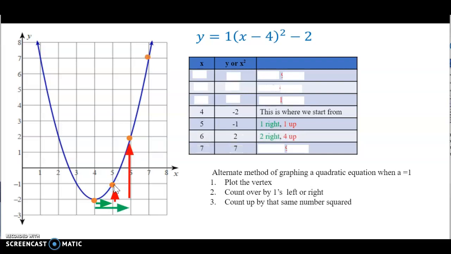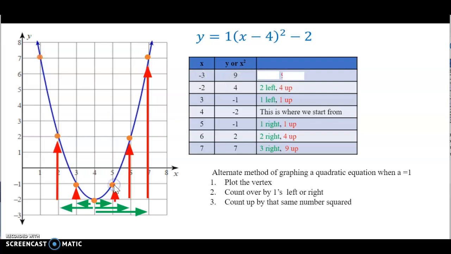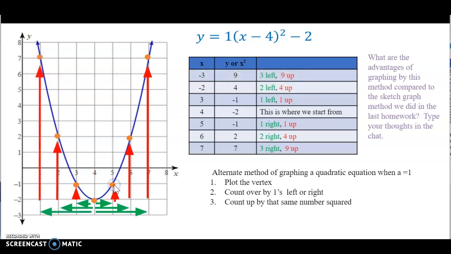And 3 units right from the vertex, I went 9 up. And when I went to the left of the vertex, same thing, but this time we're going left: 1 left, 1 up, 2 left, 4 up, and 3 left, 9 up.